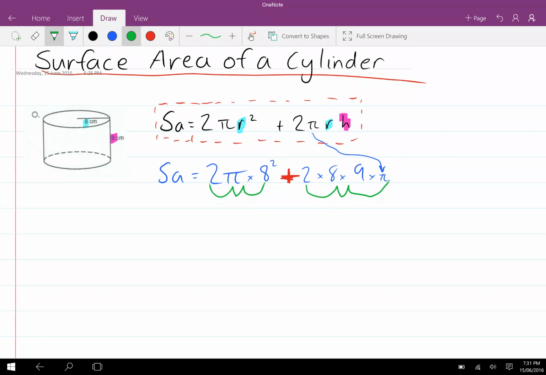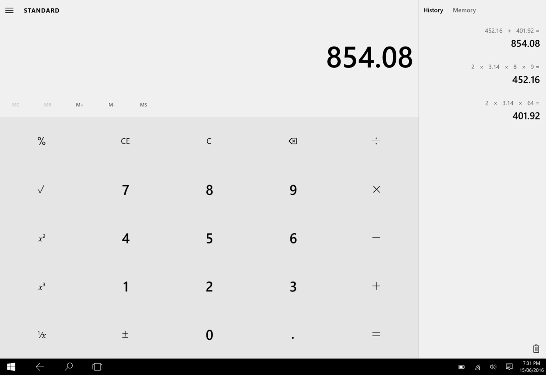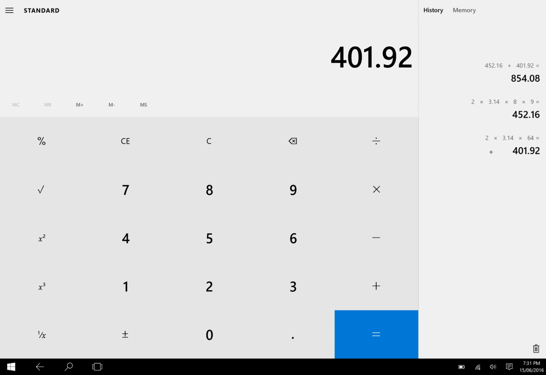So I'm going to do 2 times pi times 8 squared, which I don't know off the top of my head, so I'll get my calculator. 2 times, there's no pi on it, so we'll make it 3.14, times 8 times 8 equals 401.92.